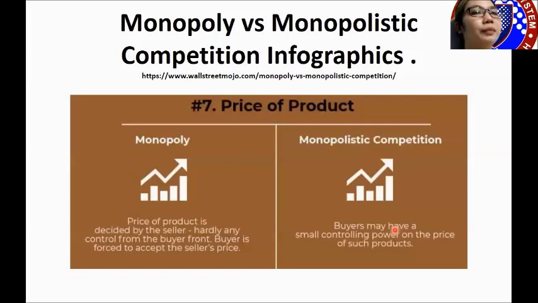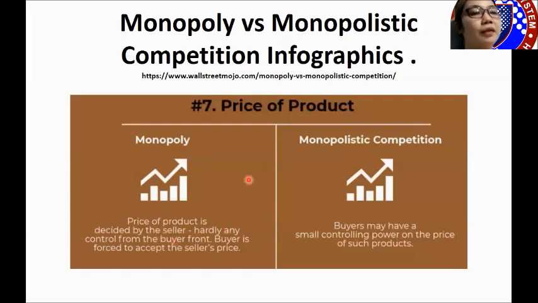In terms of the price of the product, in monopoly, since there is a single seller, the seller has the power to decide the price of the product, and there is hardly any control from the buyer front. Therefore, the buyer is forced to accept the seller's price.